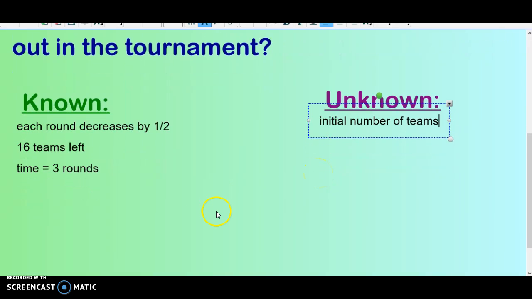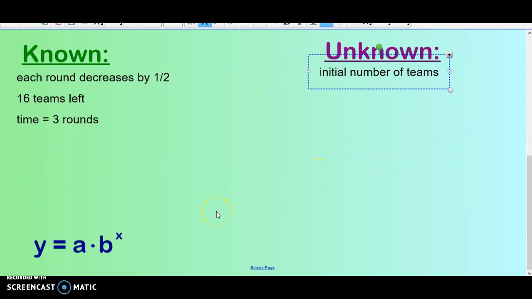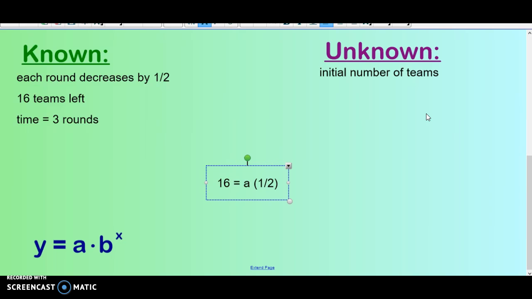Now, I'm going to use my equation, y equals a times b to the x power. Now, my y value, which is representing my amount that I have left, is 16. My initial value is what I don't know, so I'm going to leave that as the letter A. My b value is the amount that it's changing by, and it's changing by 1/2, and the time period is 3 rounds, so it's raised to the 3rd power.